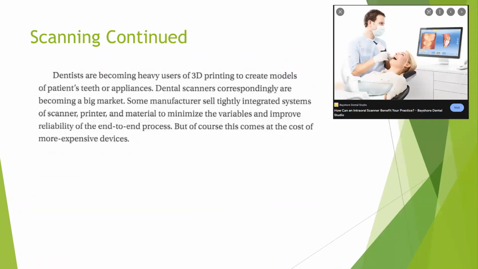Other areas other than manufacturing that 3D printing is used is in the dental industry. And so I went to my dentist and he has the ability to make dental implants and things using this technology. And so we're going to see more information about 3D printing.